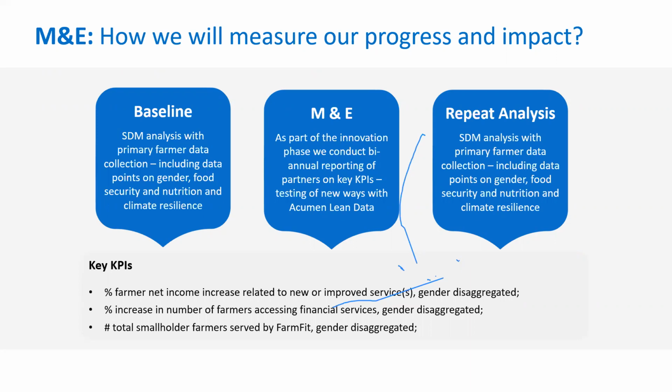For us, key KPIs are the increase in farmer net income related to the new and improved services, the increase in numbers that can access financial services, and the total smallholder farmers that are served by FarmFit. We have a total goal of reaching 1.5 million farmers, of which half of them should be women.